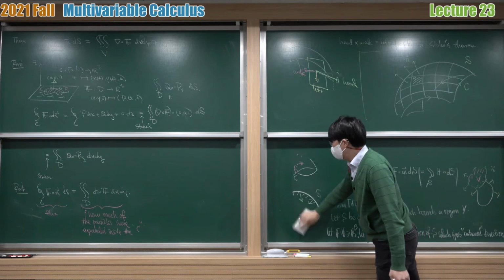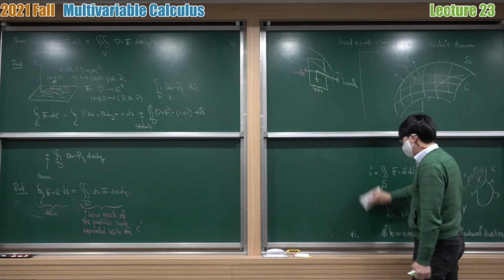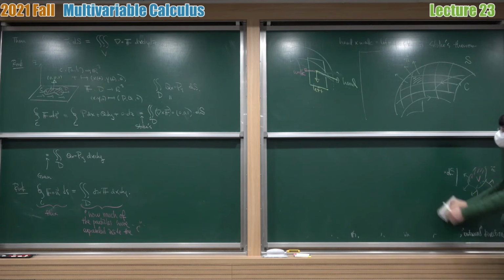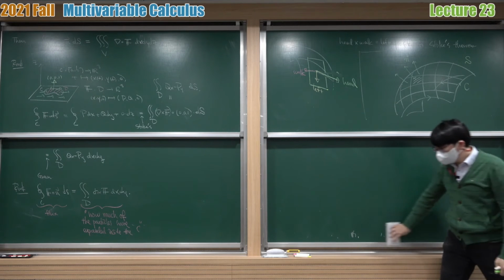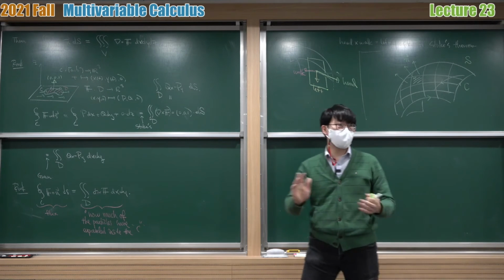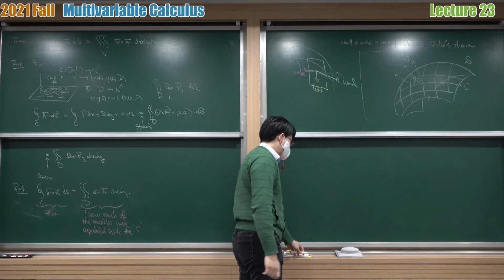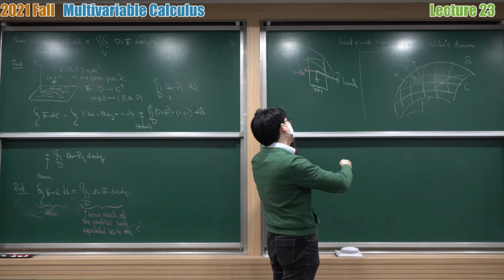So I take this piece so small that the vector field is almost constant over that small piece, and the normal direction is also constant. Okay, so I'm not going to worry about whether the orientation is changing or so on.